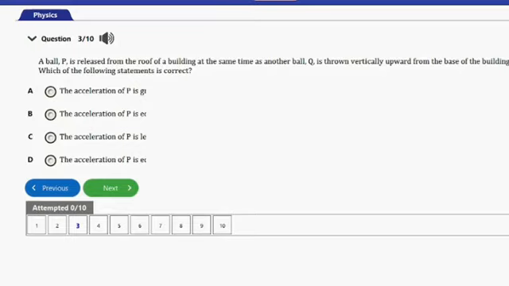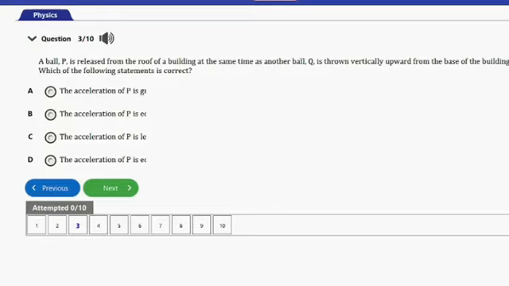Alright, so guys, for this here, the answer to this question is option D. The acceleration of P is equal to that of Q and both are in the same direction. So guys, if we throw this other ball vertically upwards, it will be limited by the resistance of the gravity.